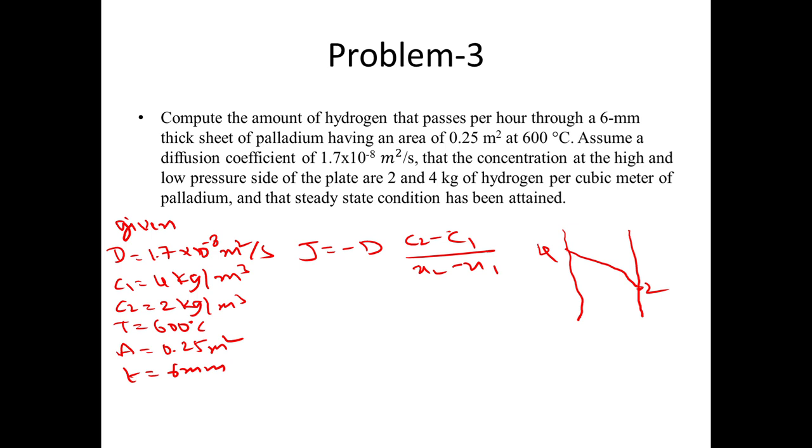Okay, so we'll substitute the values. 1.7 into 10 to the power of minus 8. So what about C2 value? It is 2 kg and C1 value is 4 kg. Should be negative value.